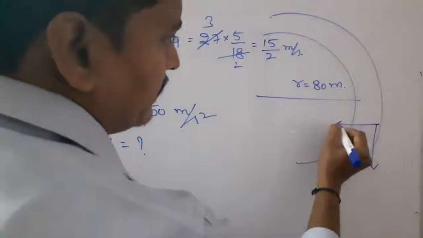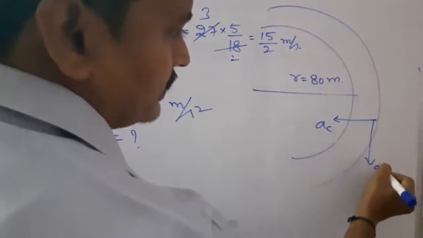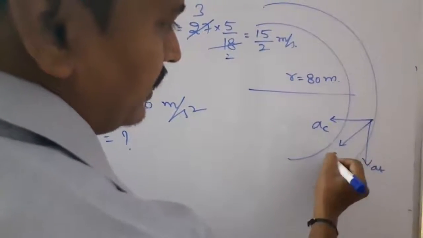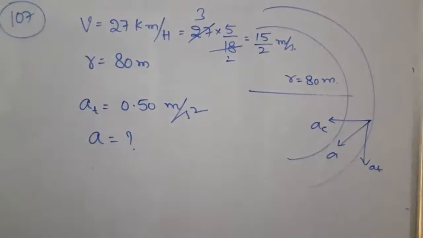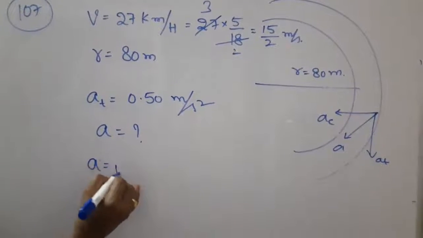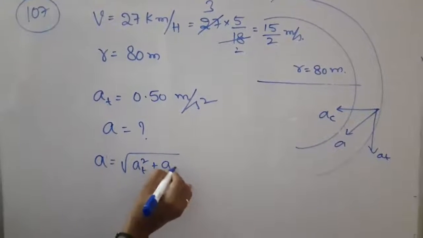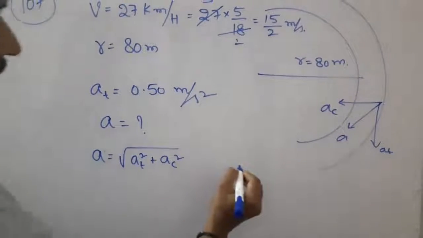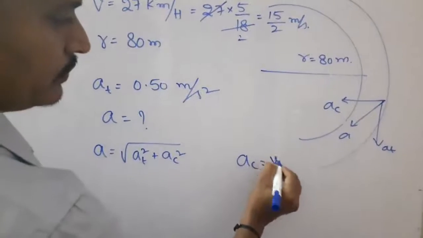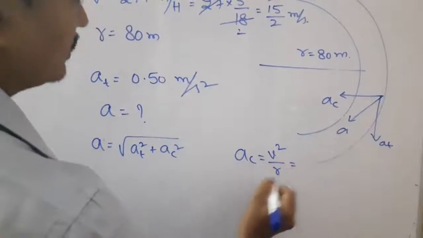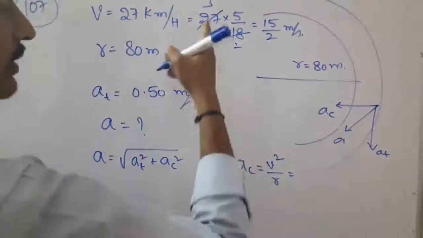Here is the centripetal acceleration, this is the tangential acceleration, and the net acceleration is a. Therefore a is equal to root over at square plus ac square. So ac is equal to v square divided by r, the centripetal acceleration formula.